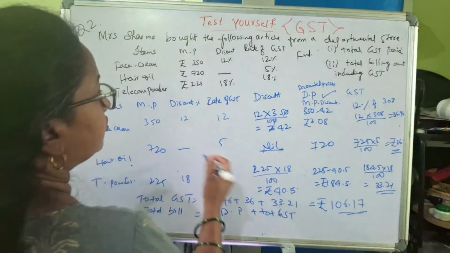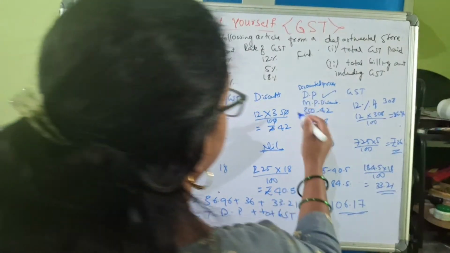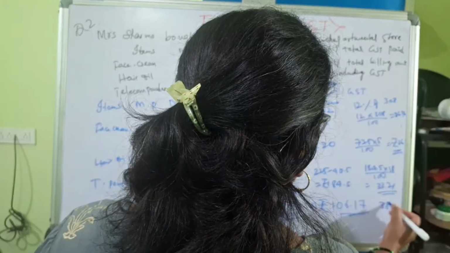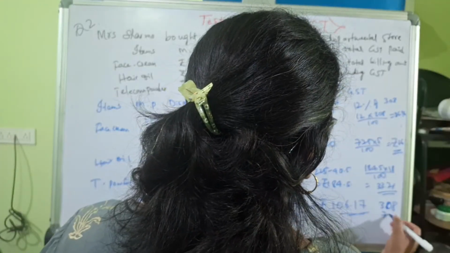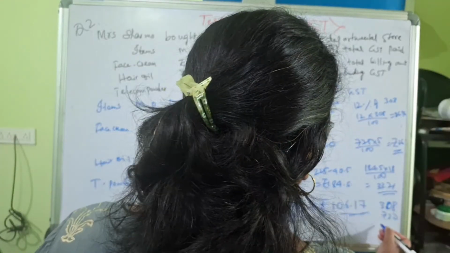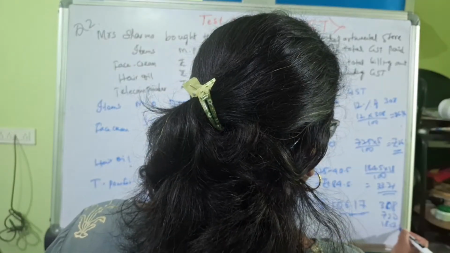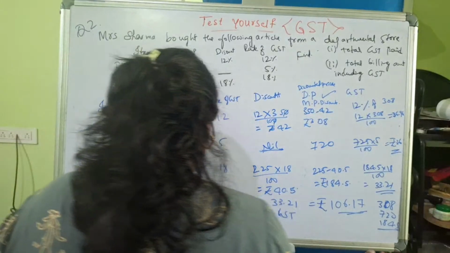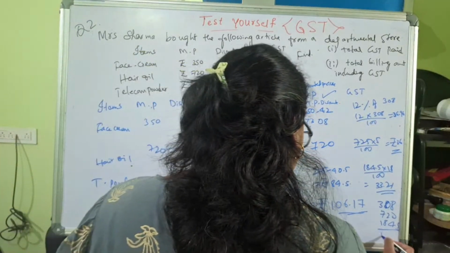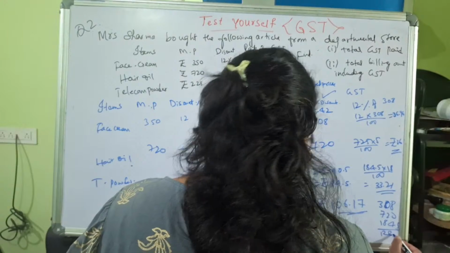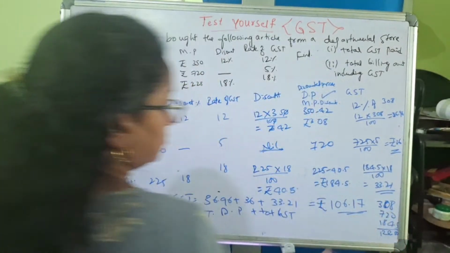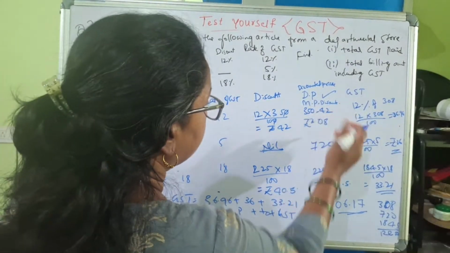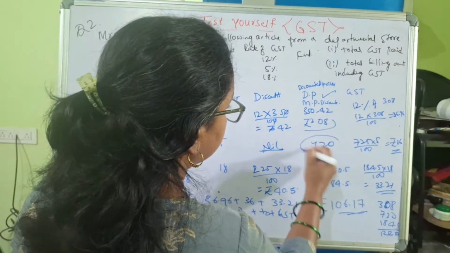Here the total discounted price is 308 plus 720 plus 184.5, which is 1212.50. See, for total discounted price, we have to add all these three.